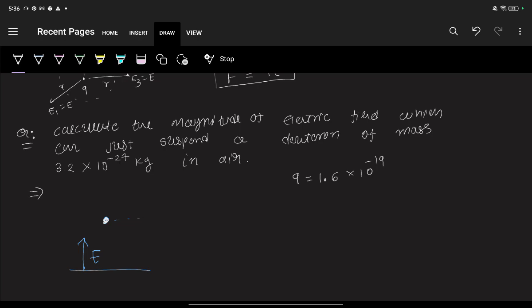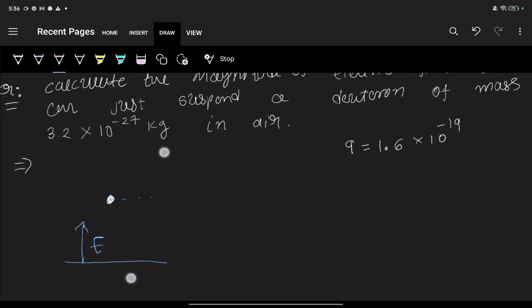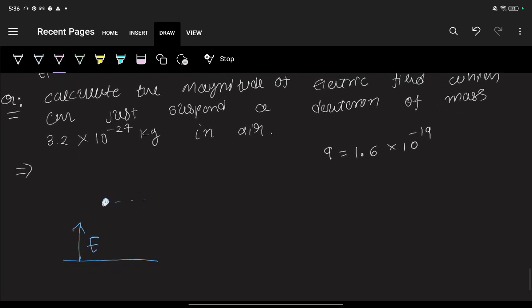So Q is there for this one deuteron, and mass is 3.2 into 10 raised to minus 27. Remember, gravity is also acting on the deuteron, so its weight force is downward, which is mg. We need to find this electric force. If it equals the weight, then it can levitate in the air. That means Fe must be equal to mg.